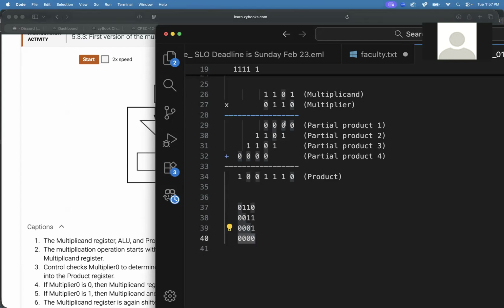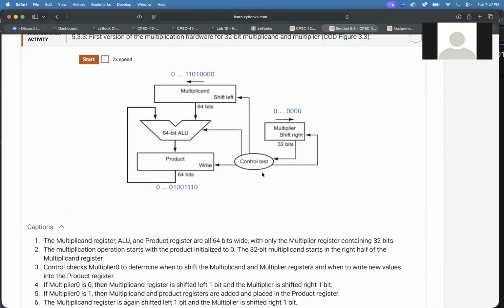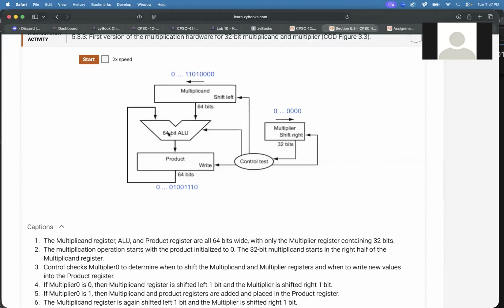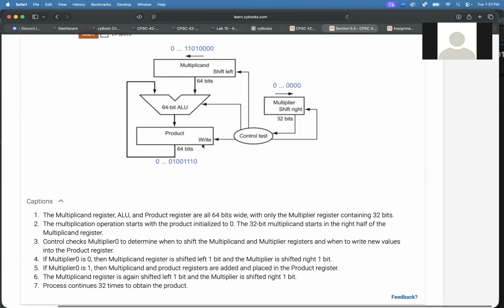Because sometimes it's 0000, sometimes it's 1101. So that's based on looking at one particular bit. Then when we're done, these things all need to be added together. And when we're done, that is the product. So essentially, this thing does what we did by hand.